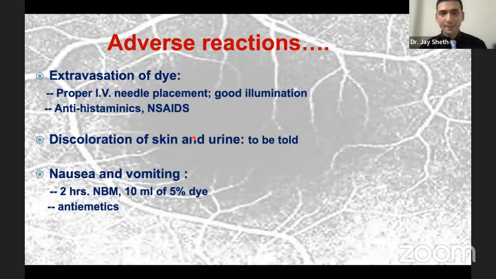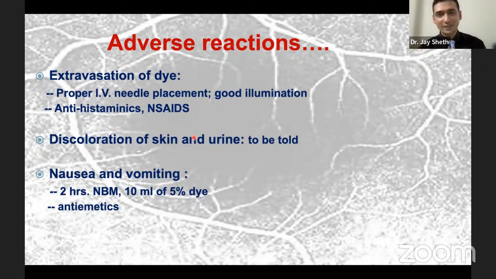I have had patients in which the fluorescein dye was started, the timer was started, and my technician told me, sir, there is an arm to retina time delay, the dye is not appearing. But the dye did not appear not because of a delay in the circulation, but because there was extravasation of the dye in the local tissue itself.